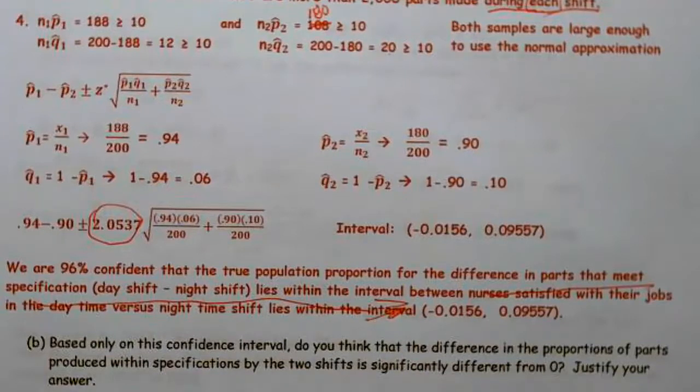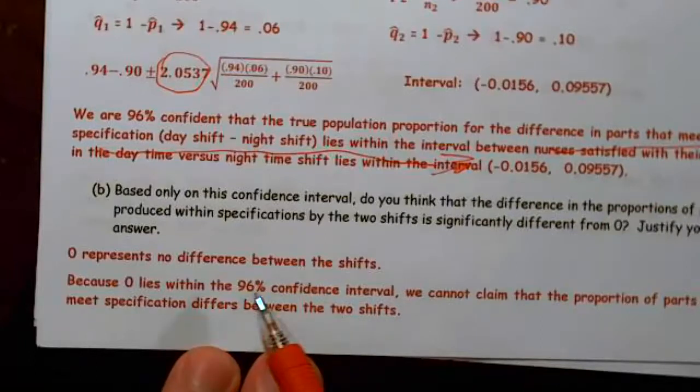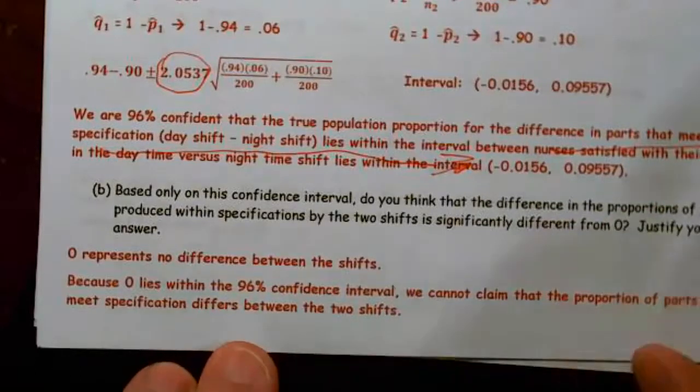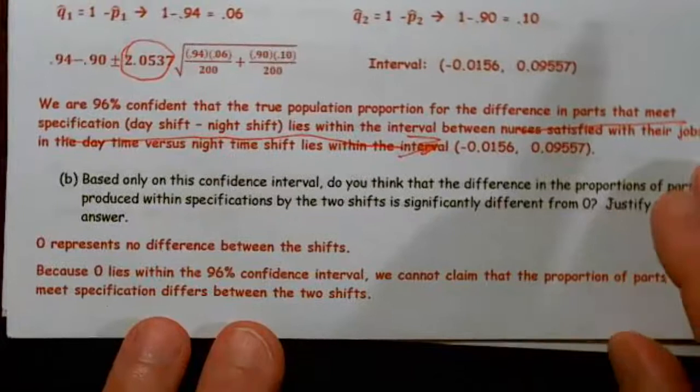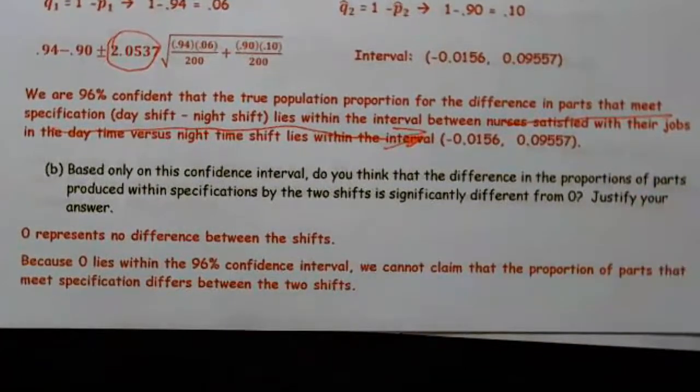Okay, so based on this confidence interval, do you think that the difference in proportions of parts produced with specifications by the shifts is significantly different from 0? Justify your answer. Well, the answer is no. 0 lies in the interval, so 0 represents no difference between the shifts. And because 0 lies within the 96% confidence interval, we cannot claim that the proportion of parts that meet specification differs between the two shifts.